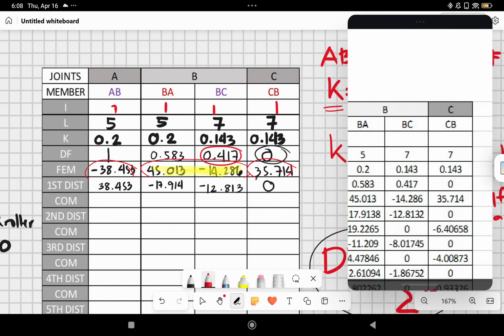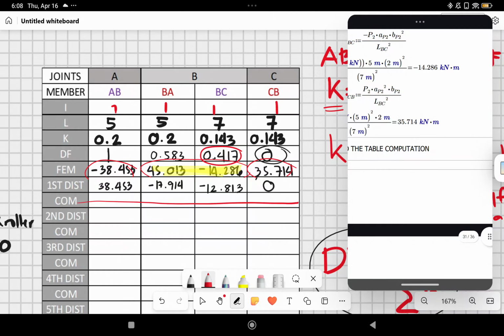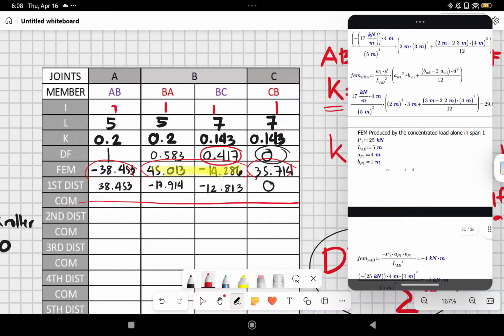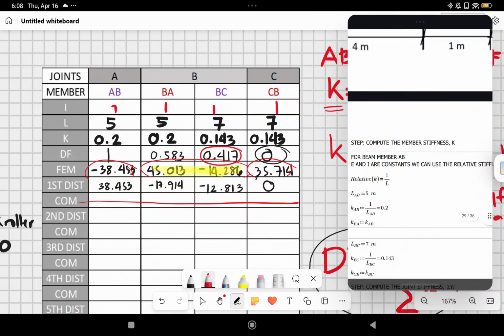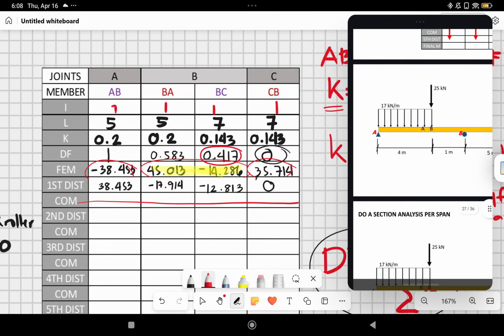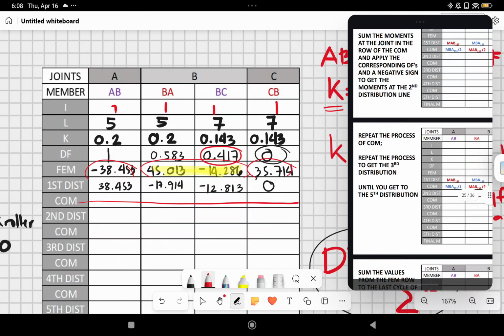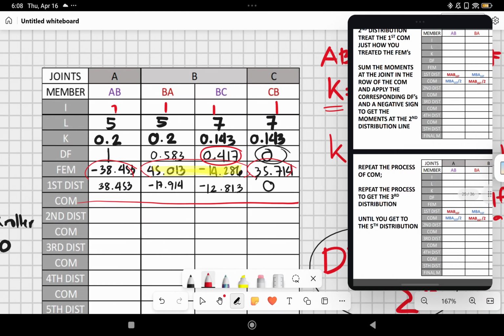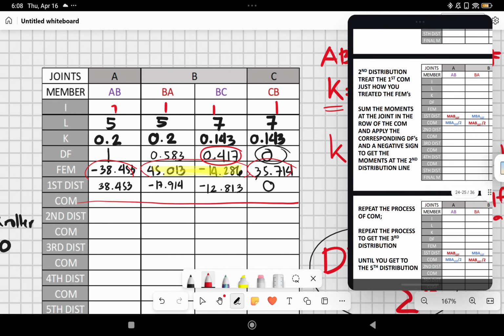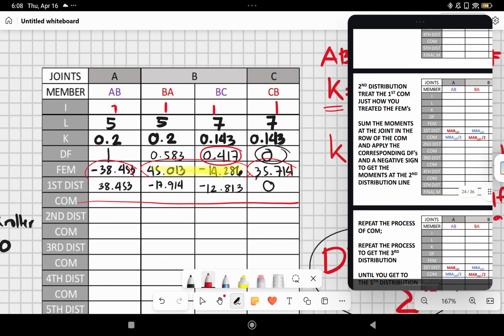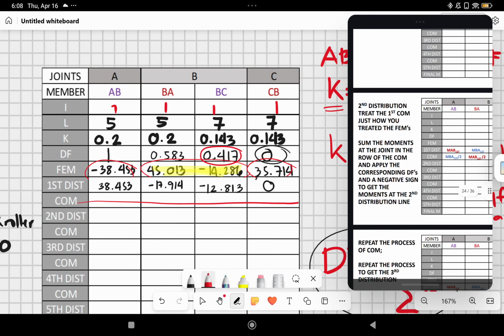Next is the carryover moment line. So what are carryover moments? As the name suggests, carryover moments are the moments that will be carried over to the other end of the member.